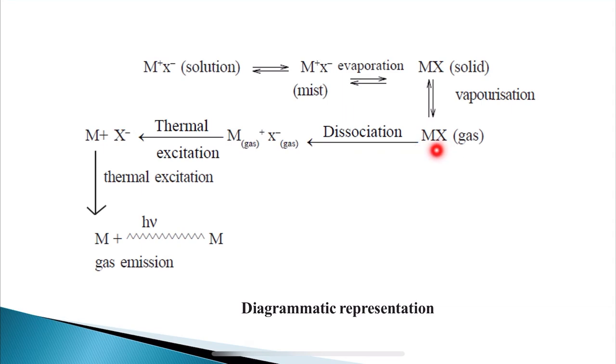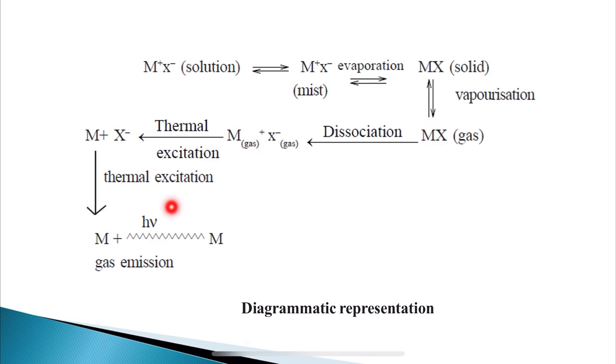So, this metallic salt is going to get dissociated, and when it gets dissociated, definitely it will have valence electrons revolving around the outermost shell of the nucleus. So, that will absorb the flame energy, that is thermal energy, and these ions, M plus and X minus, will be excited to the higher energy state. Okay. But it cannot stay there for a long time, it has to come back.